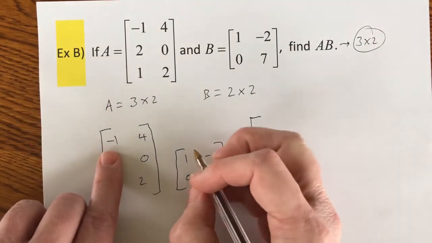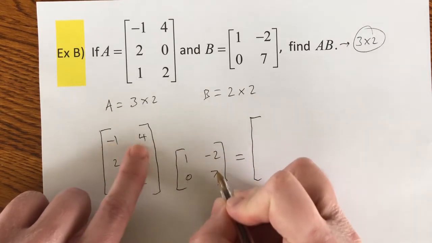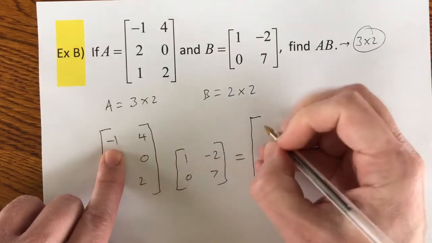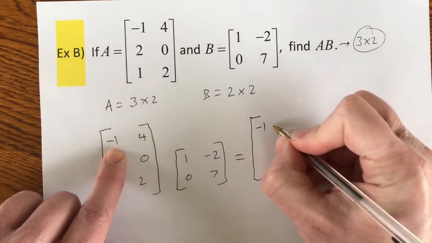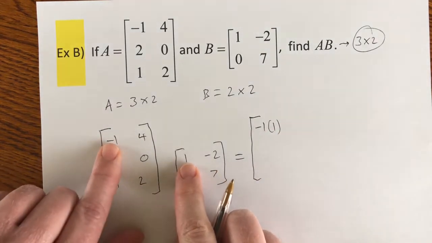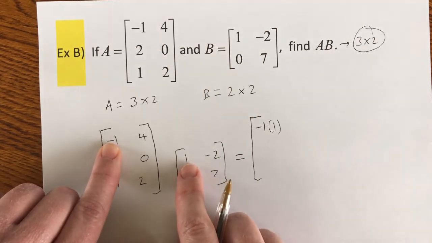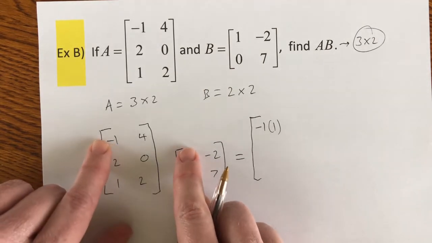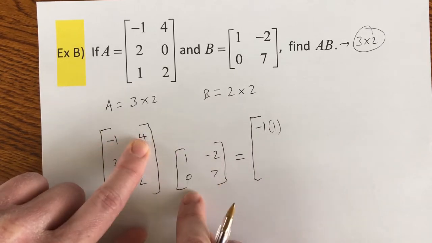Again, we're going to go row by column, row by column. Here's what that looks like. You're going to do -1 times 1. So the first entry in the 1, 1 position of matrix A times the 1, 1 position entry in matrix B. And then you're going to go from left to right, always with the first matrix, and from top to bottom with the second matrix.